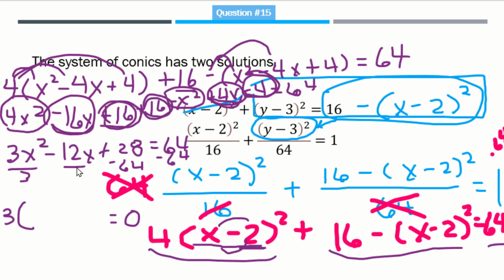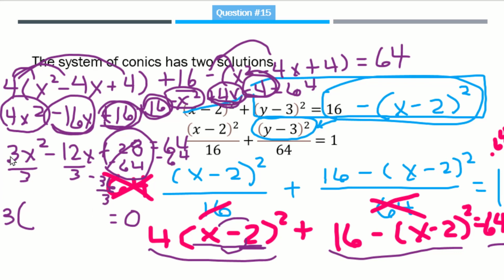They're all divisible by 3. And negative 64 plus 28, I get a negative 36, which is also divisible by 3.